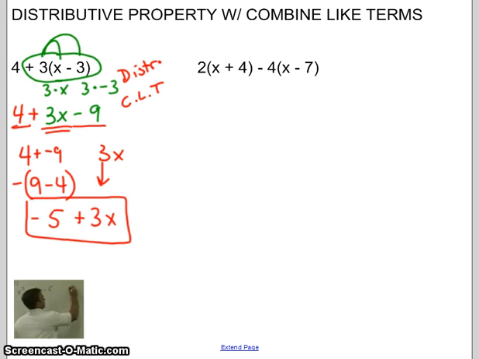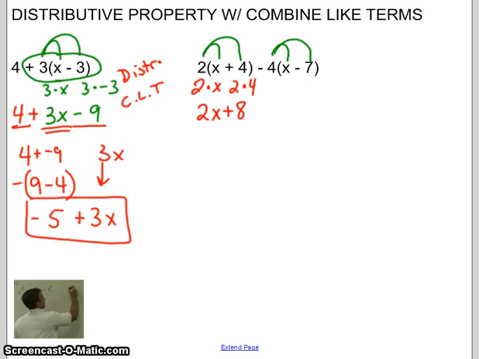Alright, next one, we have the distributive property twice, so let's distribute first. Okay, so we have 2 times x, and then 2 times 4. 2x, and then 2 times 4 is 8, and that's a positive 8.